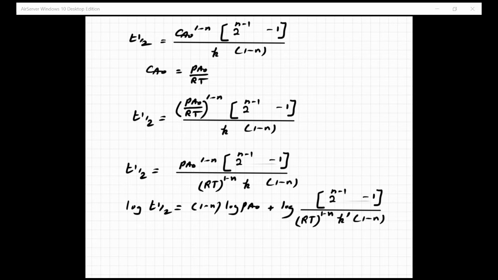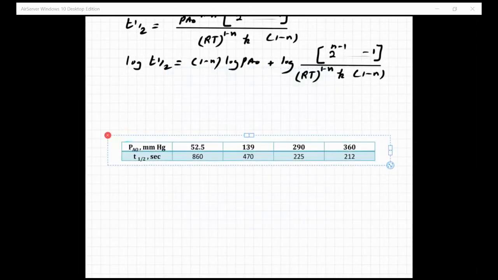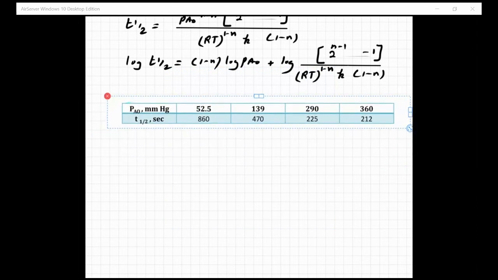So let's see here now. What do we want to do? We want to apply this equation and calculate. Let's have our data back. These are the data, right? So let's use the equation.